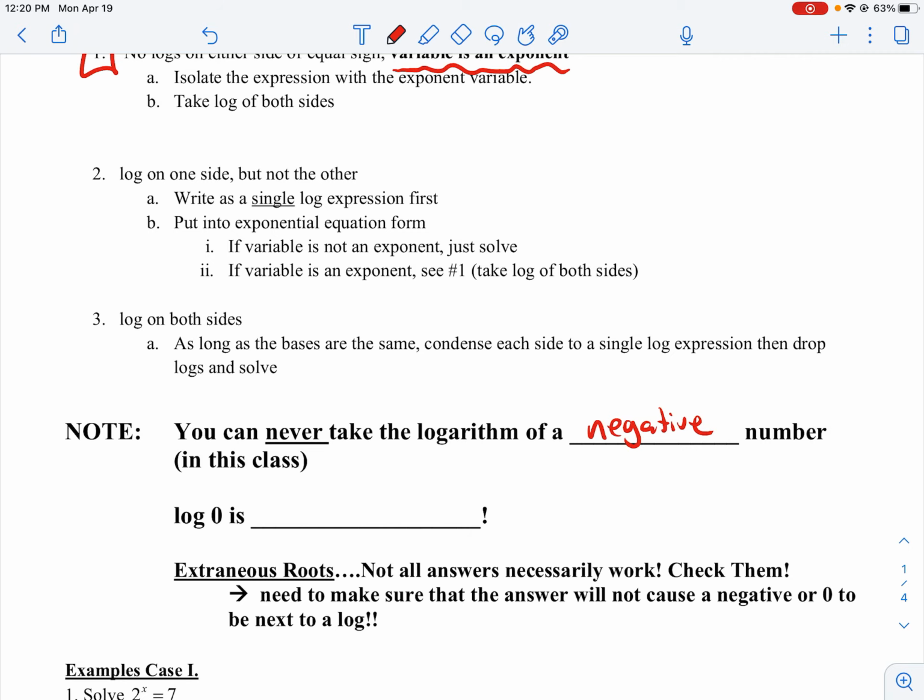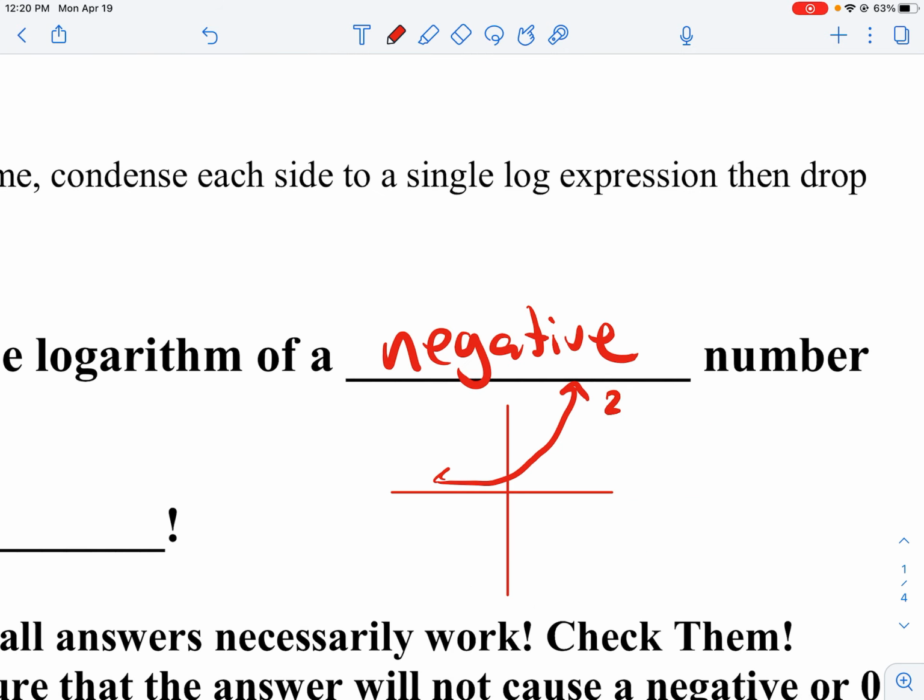And then also the log of 0 is undefined. Okay, remember the graph of this guy, okay, from that first chapter, when we had you graph the exponential equation 2^x, remember the inverse of that looked something like this. And this was the log base 2 of x. Okay?